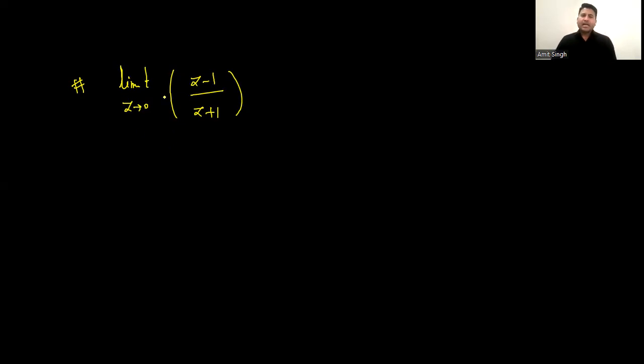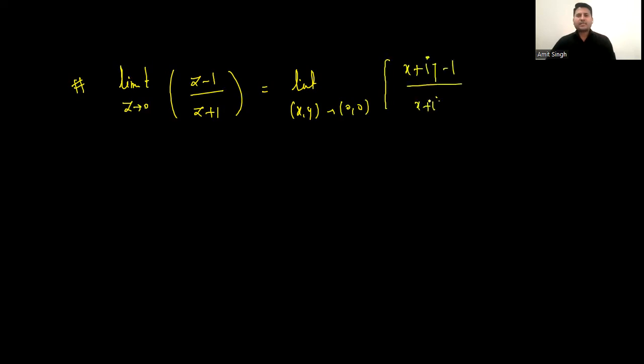Another thing, I am going to take a general path. So let us convert it first in terms of x and y. So limit (x, y) tending to (0, 0), and what is z? It is x plus iy minus 1 over x minus iy plus 1, where x minus iy is the conjugate.